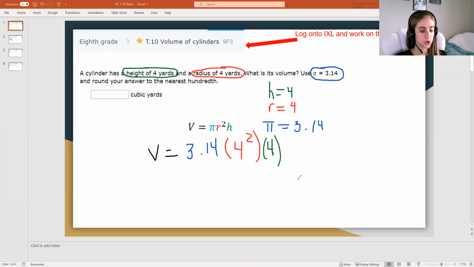Once you substitute everything in, the next step is to follow order of operations to simplify. Well, order of operations says parentheses come first. Now remember that it means parentheses as a grouping symbol. So which set of parentheses here is being used as a grouping symbol and not only as multiplication?